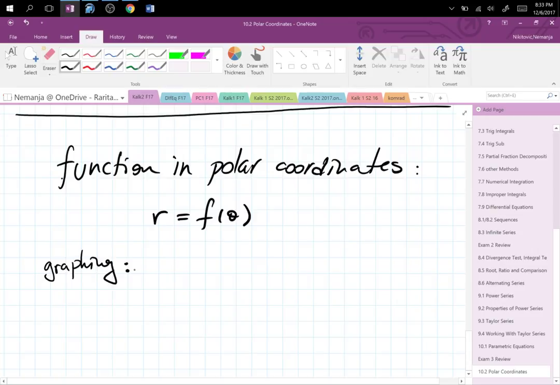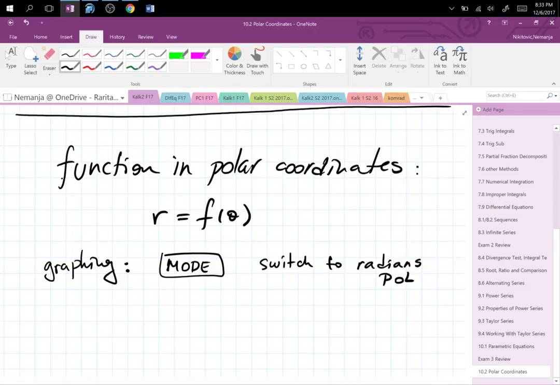First, what I want you to do is to go to mode and then switch to radians and switch to POL. It's polar. So push the mode button on your calculator now and change it to radians and change it to POL.